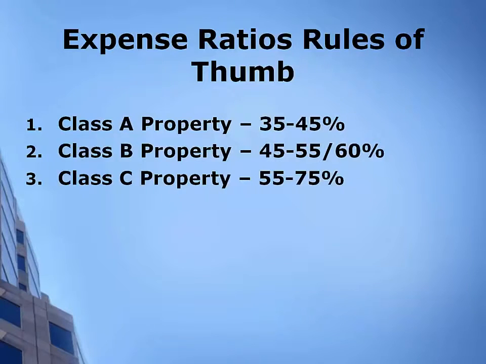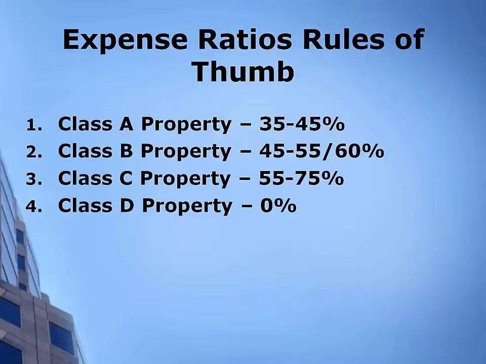Okay, now, what do you think the next category is going to be? If you said Class D, you are right. Class D does not have an expense ratio because it has no income. What happens with Class D property is that the expenses exceed the income, so there is no ratio.